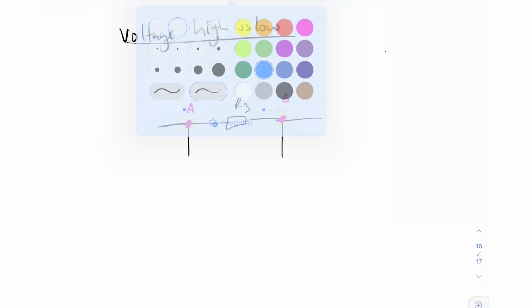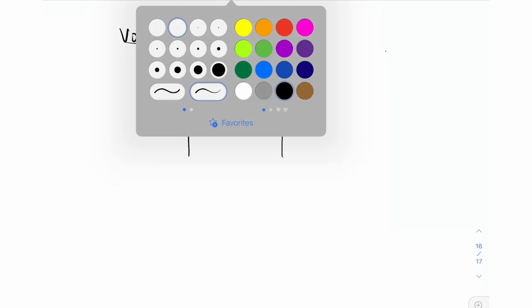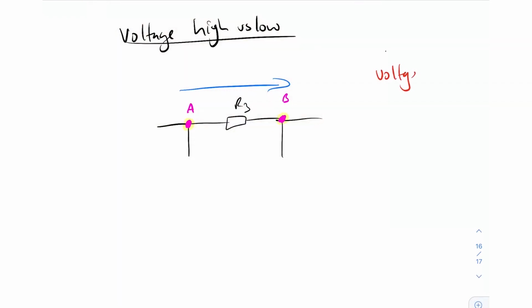So if you say that the current is flowing this way, then what we're saying is that the voltage across this resistor is going to be A minus B. And then, thinking about I equals V divided by R, the current here is therefore A minus B, all of that divided by R3.